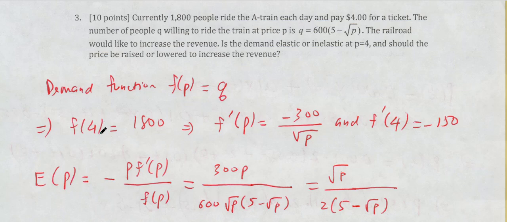So f of 4 should be equal to 1800. Now, how do I find the elasticity of demand? Remember, the elasticity of demand is equal to the absolute value of minus p times f prime of p over f of p. This is the formula for the elasticity of demand.